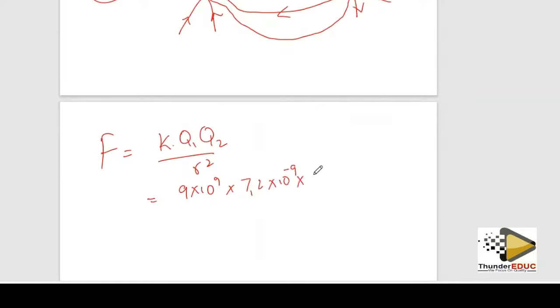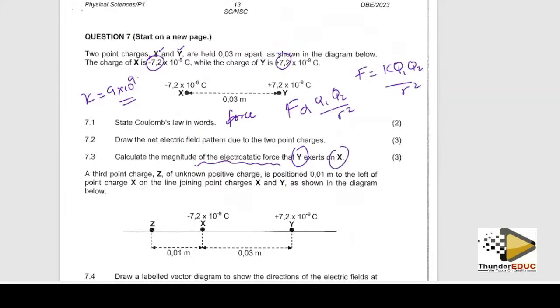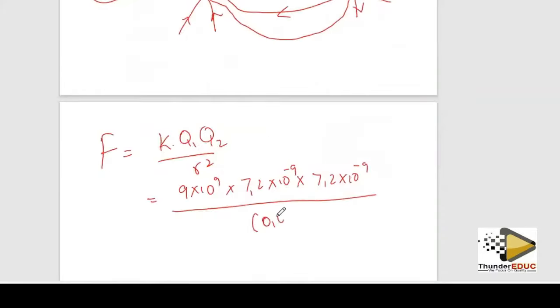And that's 7.2 times 10 to the -9. I'm dividing this by my distance of separation, which is 0.03, squared. So when I punch this into my machine, 7.2 times 10 to the -9 times 7.2 times 10 to the -9 over 0.03 squared.